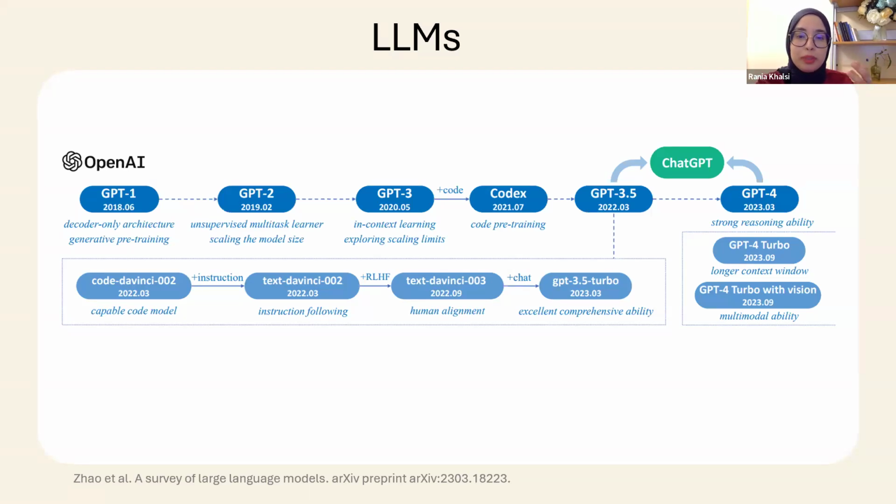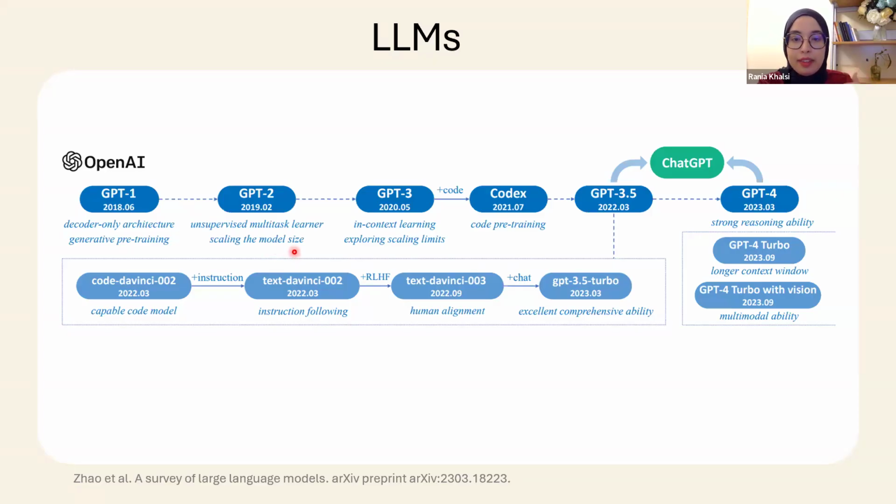Starting from GPT-1, we can see a decoder-only architecture based on generative pre-training, purely through pre-training. This continues with GPT-2, which has unsupervised multitask learners scaling the model size.